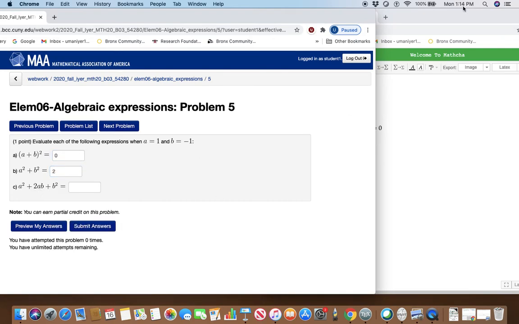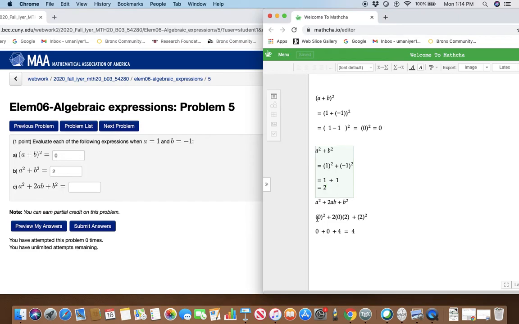A squared plus 2ab plus b squared. A is 1 plus 2, 1 for A, negative 1 for B, plus negative 1 for B squared. Don't forget parentheses for each variable. 1 squared is 1 plus 2 times 1 times negative 1. So that's a negative 2 plus power of negative 1.